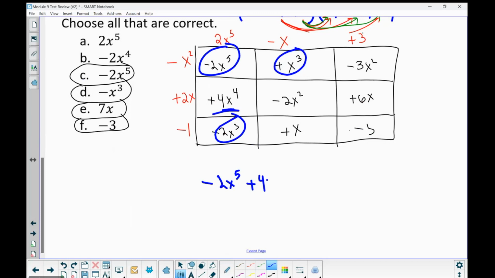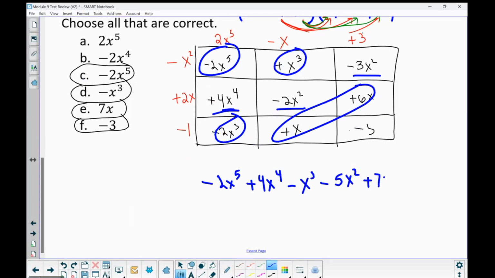Plus 4x to the fourth, then negative x to the third. Then we've got negative 2x squared and negative 3x squared, which is negative 5x squared. Combine these two to give us positive 7x. Finally, our negative 3. And again, it's the same answer.